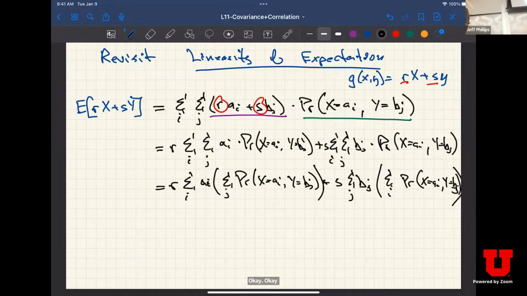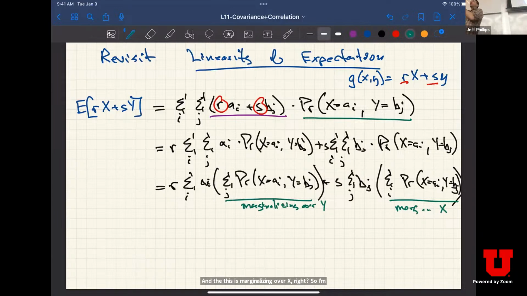What's interesting is these terms are now marginalizing over J, that is, over the values of Y. This is marginalizing over Y, and this is marginalizing over X, right? So I'm summing all possible values that Y can take over the first term, and then over X. So the first term underlined in green does not care about what value Y takes in the probability.